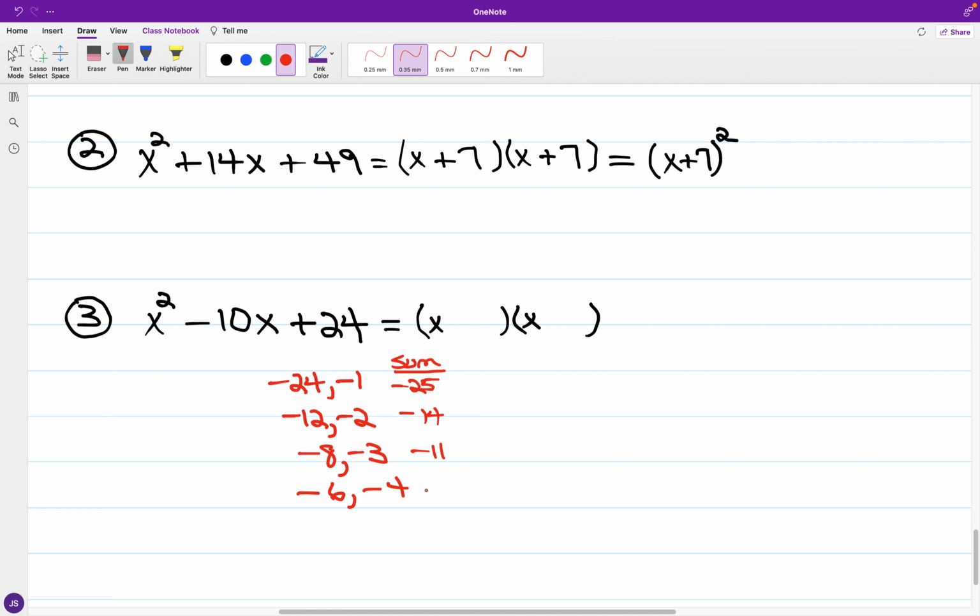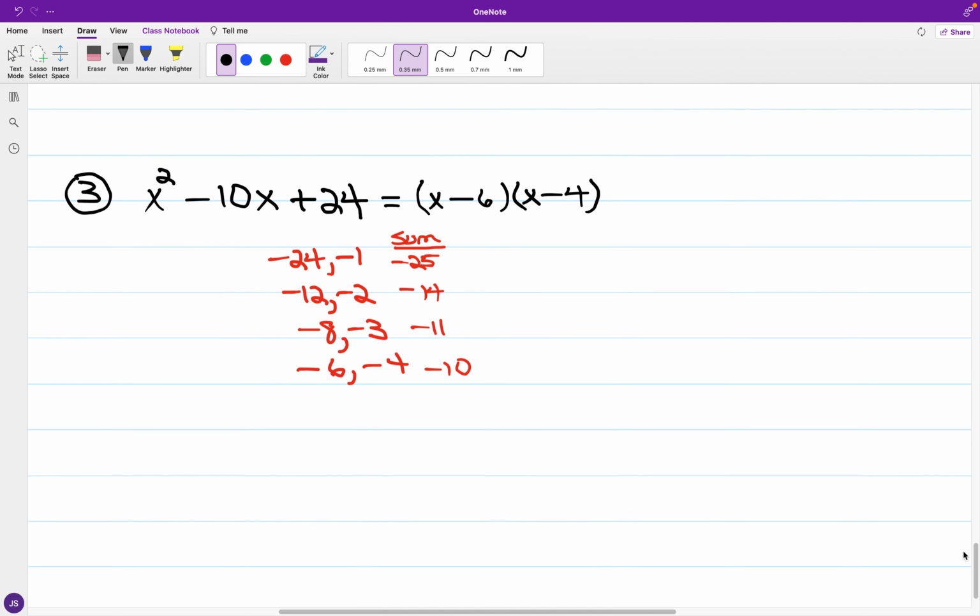And negative 6 and negative 4 will add up to negative 10. Okay, so this will be the item we are looking for. And so for the pair here, we're looking at minus 6 and minus 4. So x squared minus 10x plus 24 factors out to x minus 6 and x minus 4.